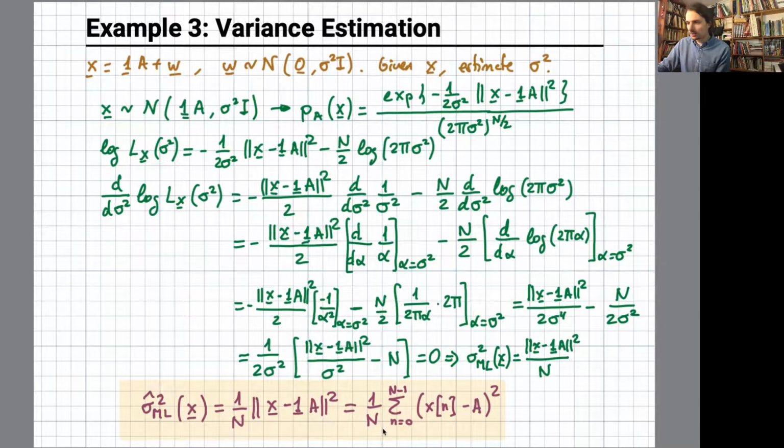Specifically, if we replace this 1 over n times this summation with an expectation operator, we find exactly sigma square. So this is very common for an estimator, that it simply replaces an expectation with an average, okay?